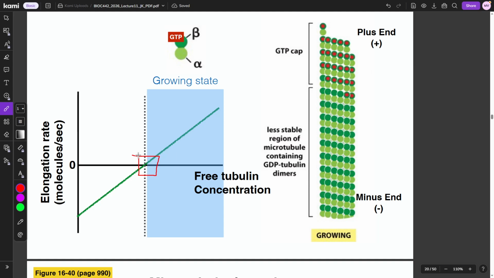So you can see here, when there's no free tubulin, there's pretty much no growth. Actually, it's depolymerizing. That's why it's negative, right? And then as you add more and more free tubulin, the elongation rate grows, and so it doesn't depolymerize as much in this section. Eventually, we get to this 0 point where the free tubulin amount exactly counteracts the depolymerization. And then as you add more of it, we get to this point where the elongation rate starts to spike drastically.